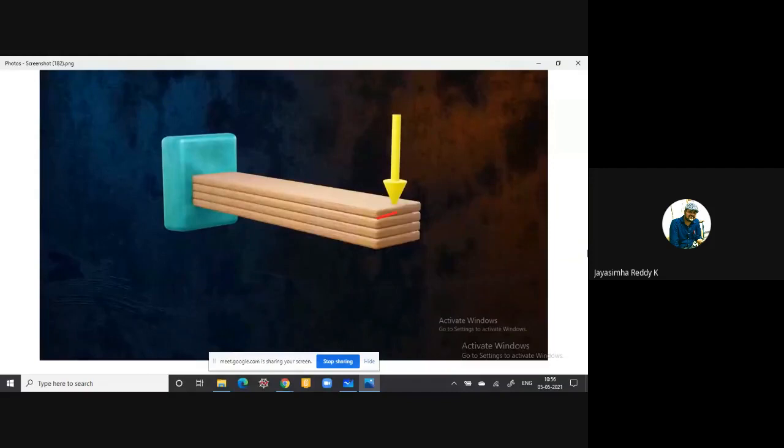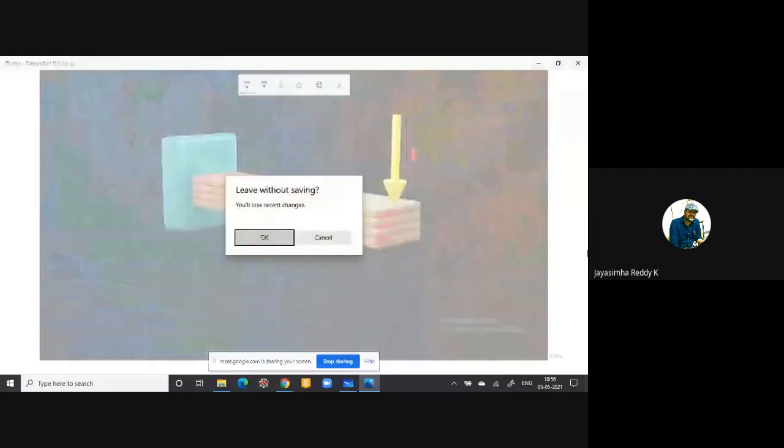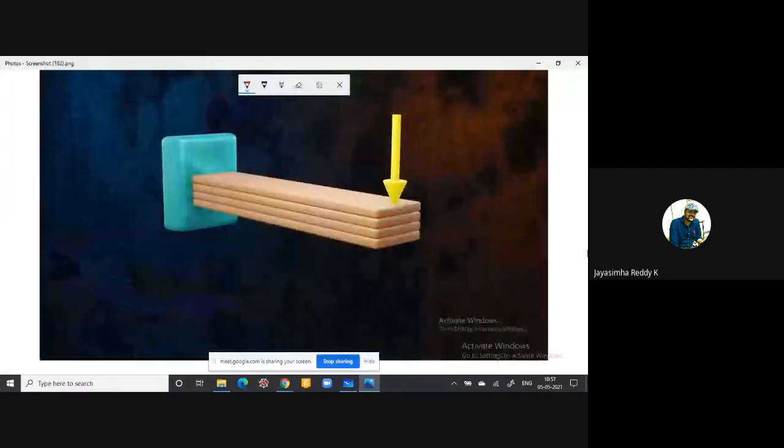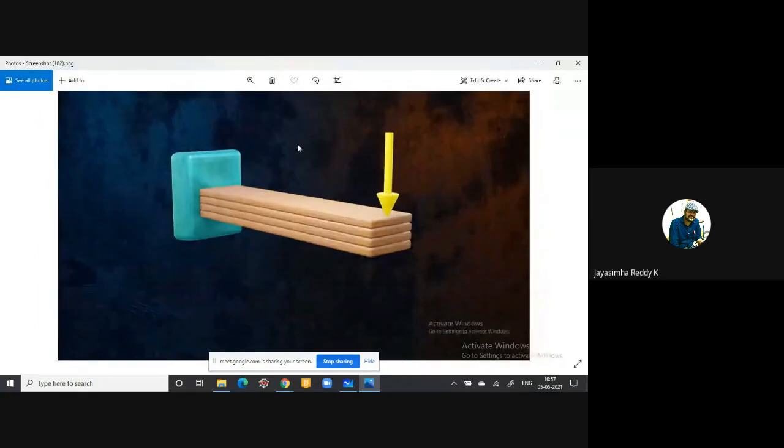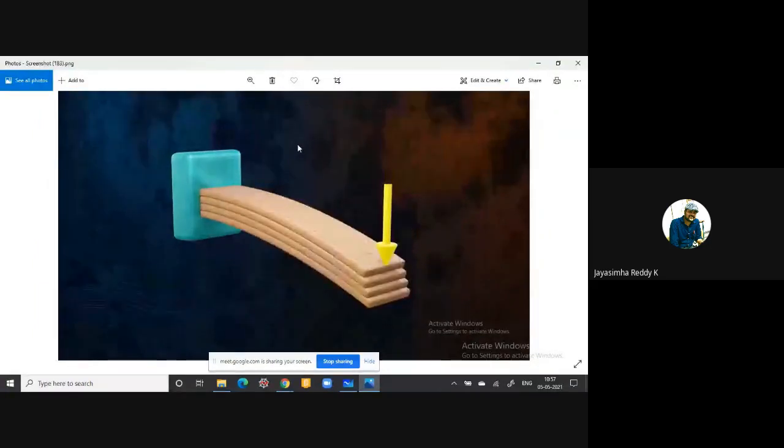Wooden strips, not joined, not glued, just wooden strips. They are placed and fixed at one end, and a load is applied like this. If you apply the load, they will try to slide over each other like this.